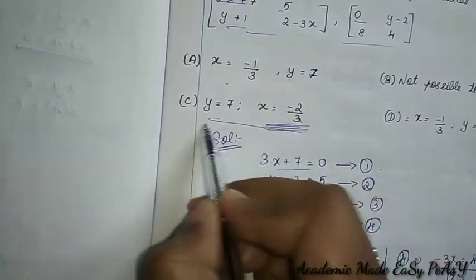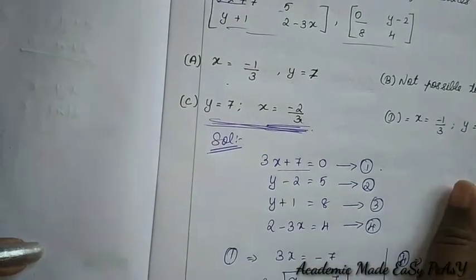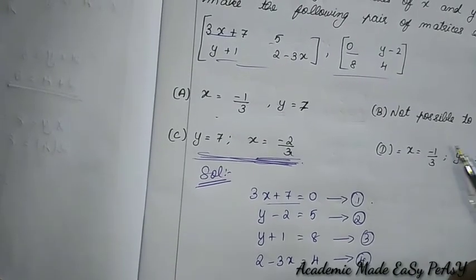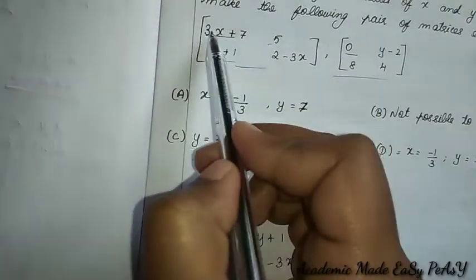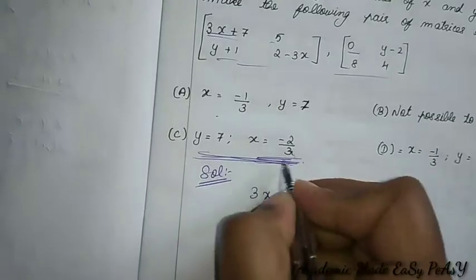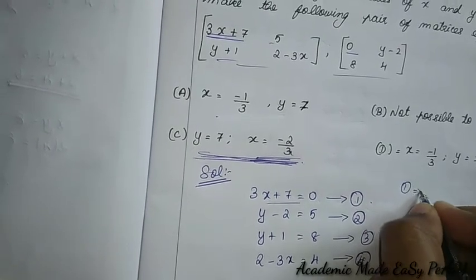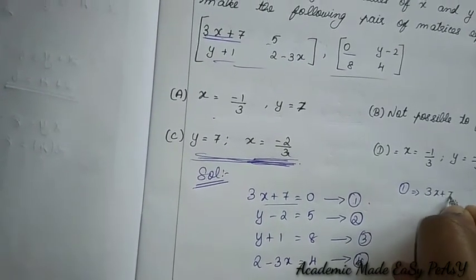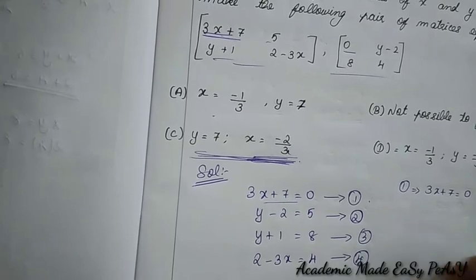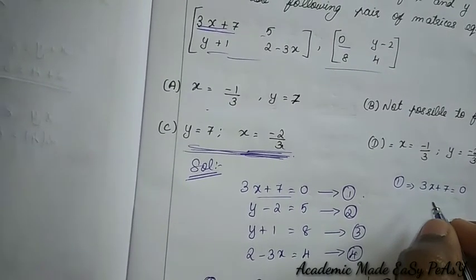Now I will consider this option and try to substitute in the matrices. In the first equation, equation 1 implies 3x plus 7 is equal to 0, isn't it? Now I will substitute the value of x.